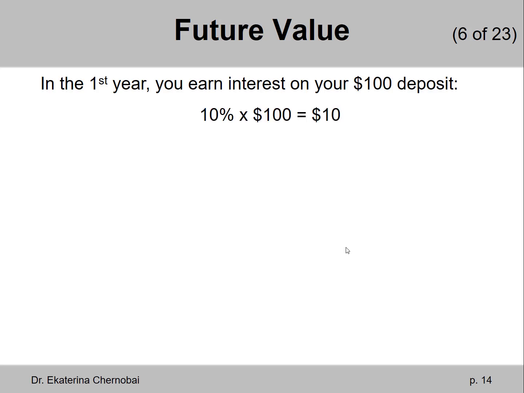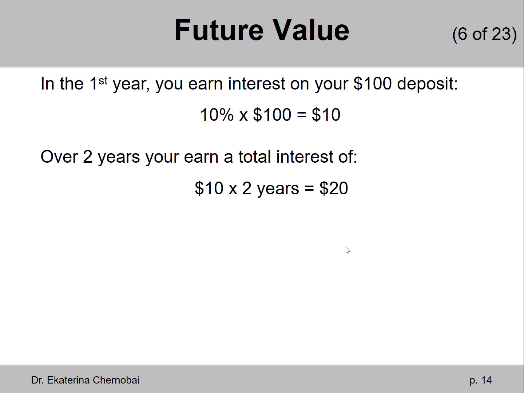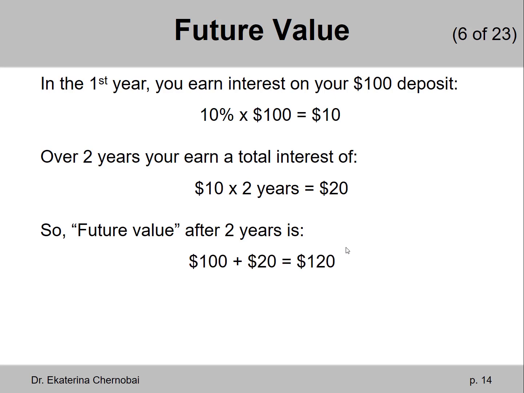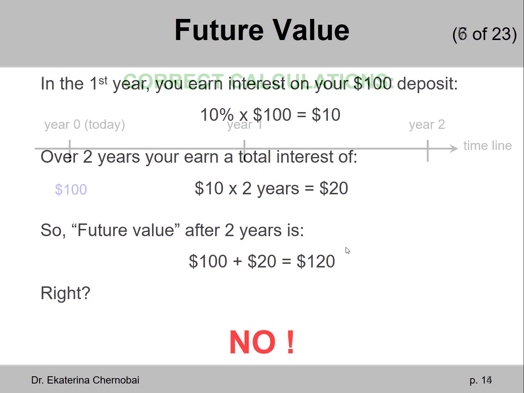So 10% of $100 is $10. Over 2 years, you earn a total interest of $10 times 2 years equals $20. And so future value after 2 years is $100 that you deposit now plus $20 earned in total interest equals $120, right? No, this is actually wrong.